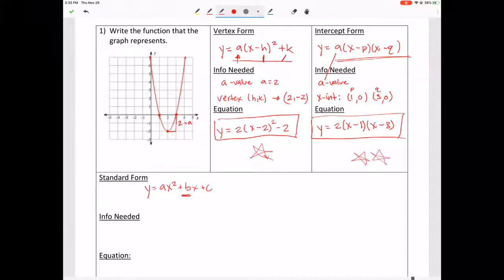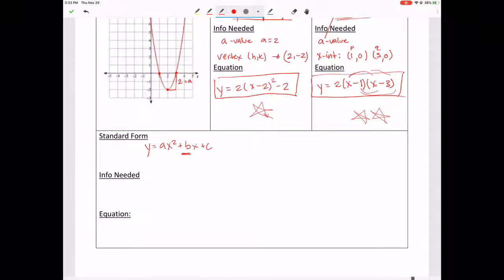I would probably say intercept form would be the easiest. And then just distribute. FOIL these out, and you would end up getting standard form. Otherwise, it's a little longer. You decide. So I'm going to do it right here.